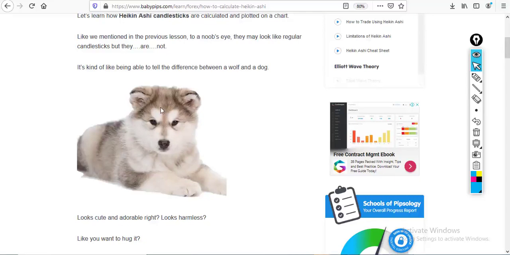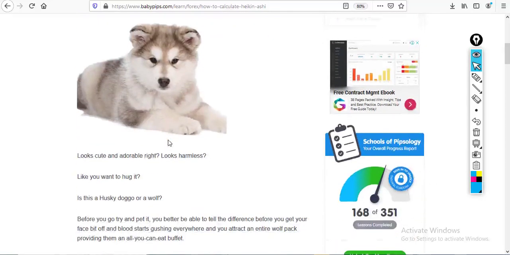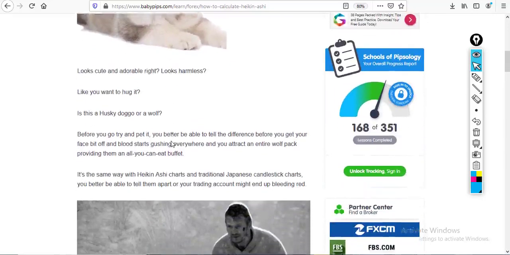It looks so natural, like your normal everyday dog, more pretty and cute and innocent. But if this is a wolf and you get close to it, it's going to tear you down. Once your blood spills on the floor, before you know it, you're surrounded by a pack of wolves, and you presented yourself to them as a very great buffet.